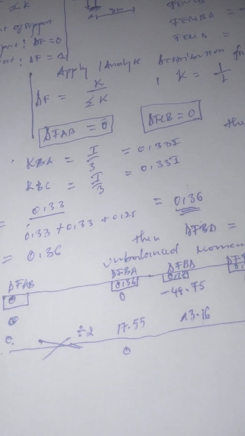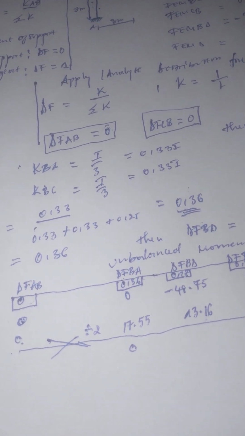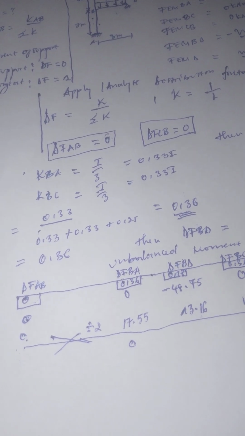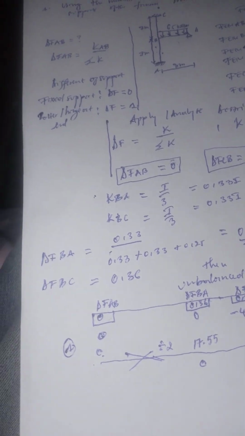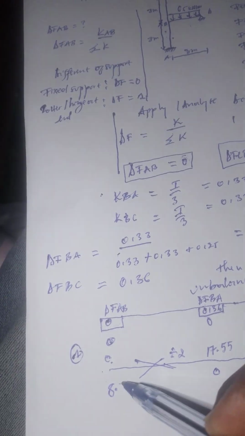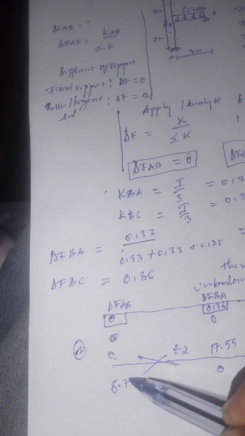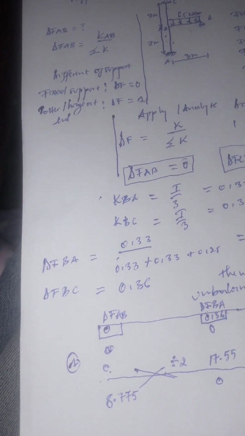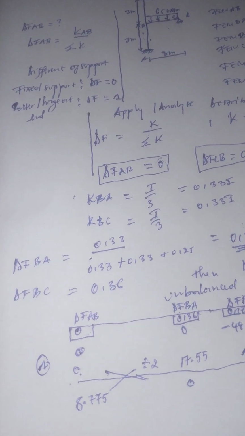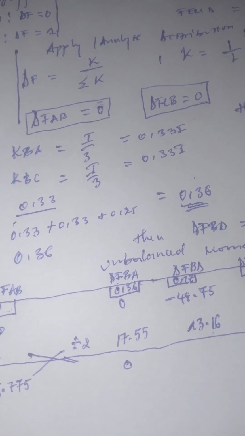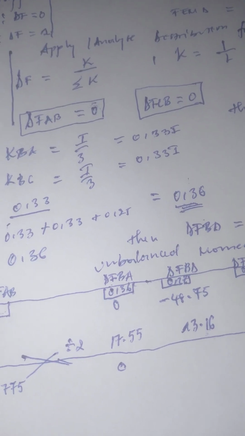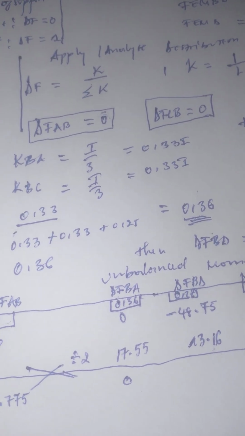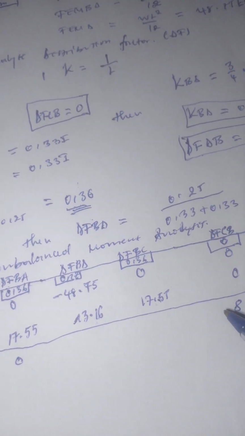We take the 17.55 over 2, we get 8.775. Then here BC must flow this is 8.775 with the cross.